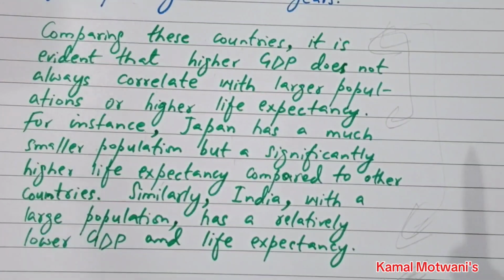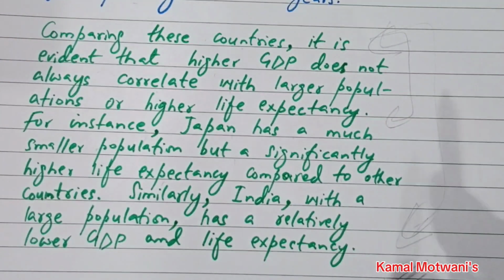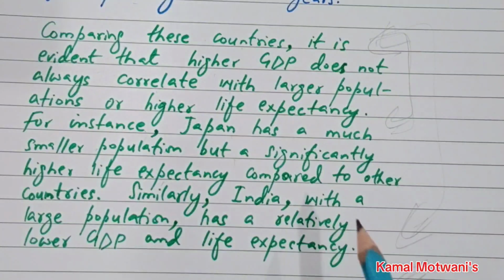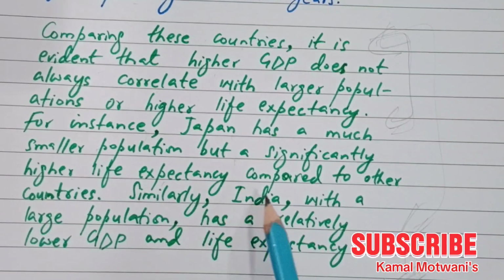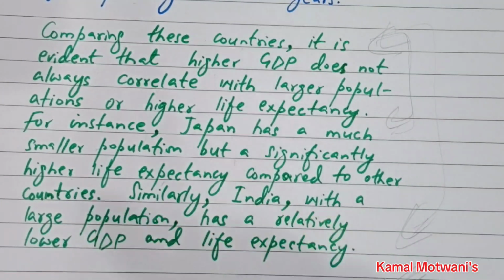Then I have also written another example to prove my point, which is of India. So here is the example. Similarly, India with a large population has a relatively lower GDP and life expectancy.